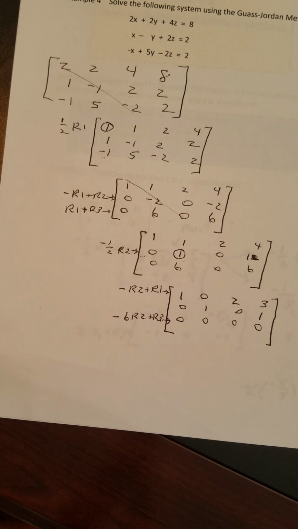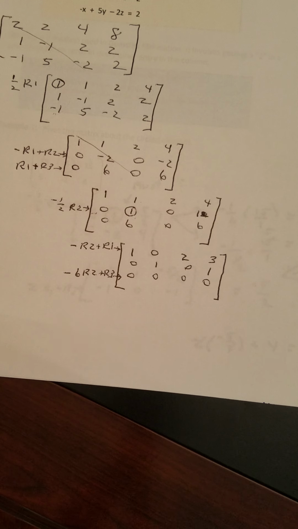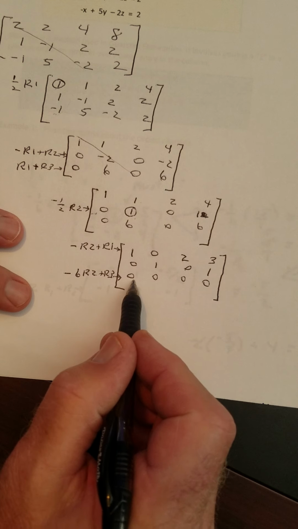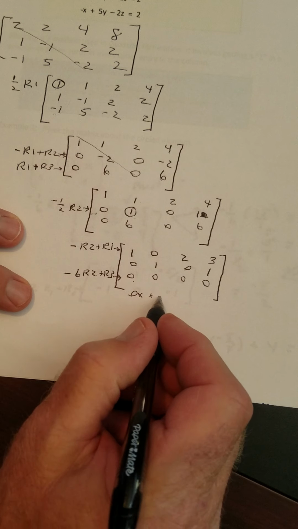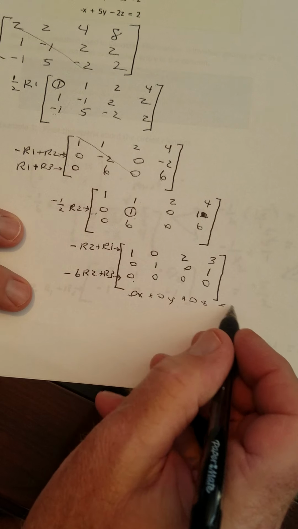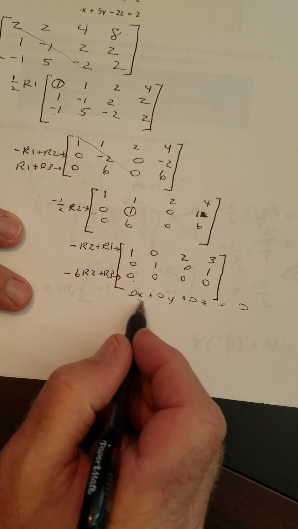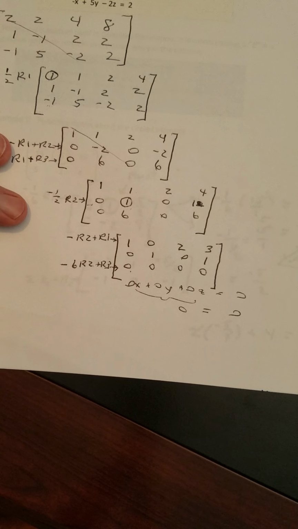Okay, do you see something? Look at the bottom row. This means 0x plus 0y plus 0z equals 0. This whole thing here is 0, so I ask you, when is 0 equal to 0?